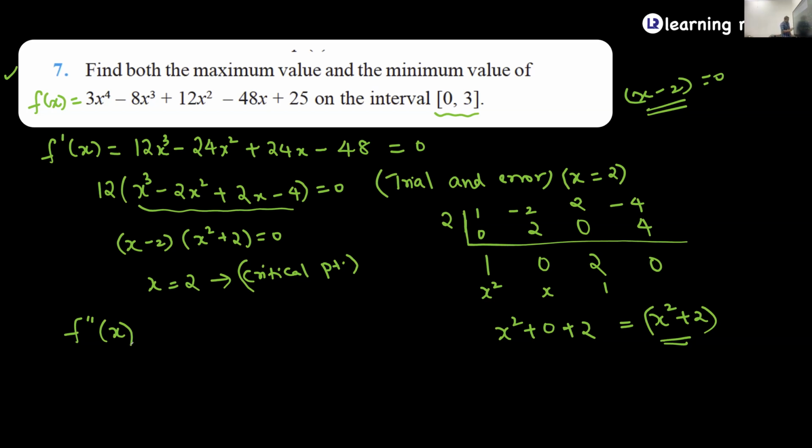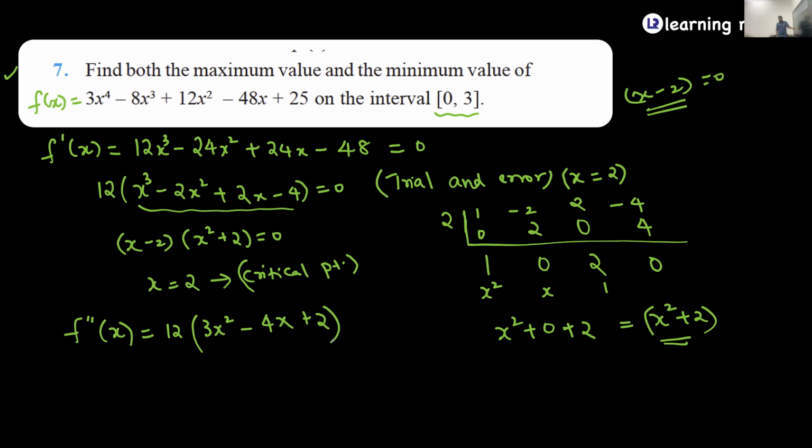All that I'm going to do is, I will write this 12 here. This 12 anyways is not disturbing us. 12 is 12 only. So the derivative of x cube is 3x square minus derivative of 2x square is 4x plus 2. Right. Then you will take this critical point and substitute it here. So forget about the 12. Look at this number alone. 3 into 2 square is 12.